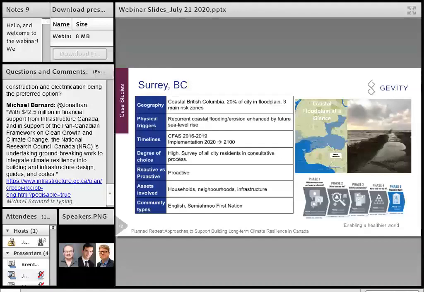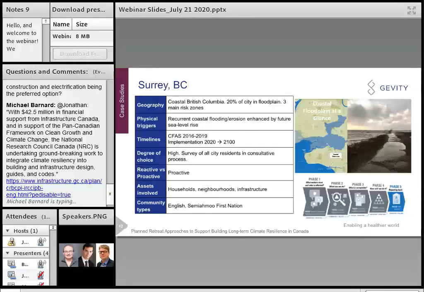There was broad consultation across the city. There were multiple opportunities to feed information into the CFAS cycle of adaptation. And essentially, the feeling was that anybody who cared to comment on climate change adaptation had one or more possibilities of contributing. So that led to our assessment that this really had a high degree of choice.